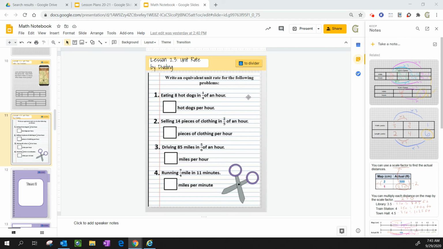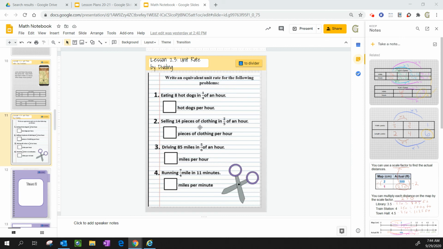Or do we want to know how many hours it takes to eat a hot dog? We really could find a unit rate in either of those. So we could divide 8 divided by 1/4 or 1/4 divided by 8, but then we have to know what the label is and what our answer means so that we can use it. That's my big caution here. You have to be super careful with the labels.